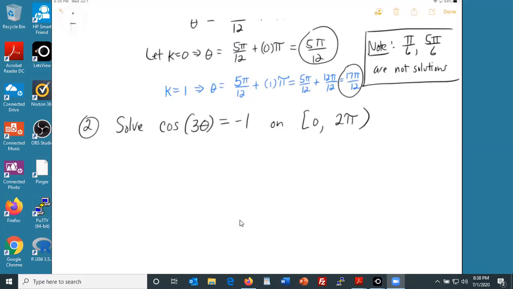So with the same idea as before, our very first step is to find in the unit circle where the cosine, which is your x values in the unit circle, equals -1.